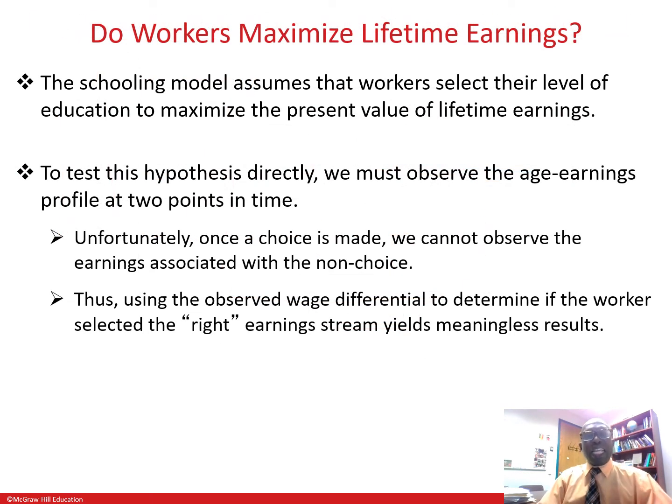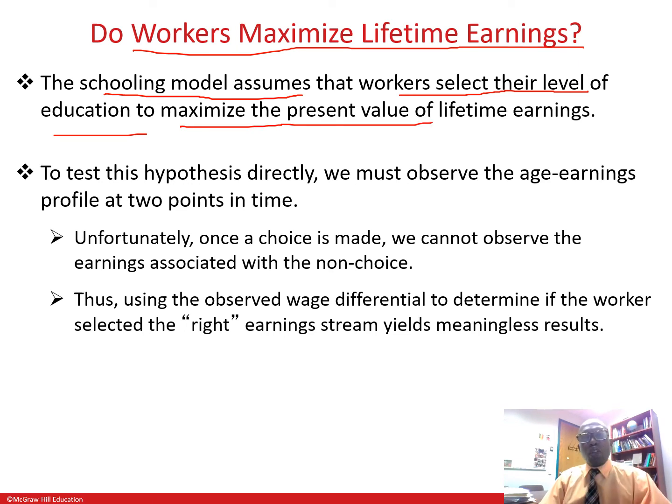So next, let's ask the following question. Do workers maximize lifetime earnings? The schooling model assumes that workers select their level of education to maximize the present value of lifetime earnings. To test this hypothesis directly, we must observe the age earnings profile at 2 points in time.